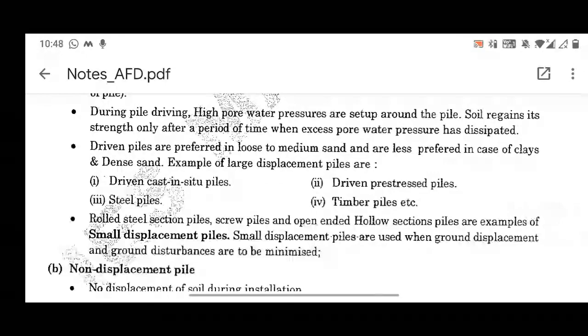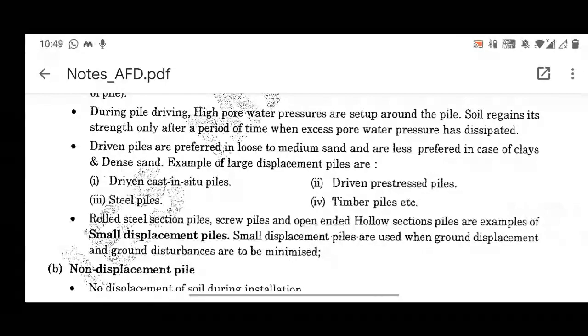Like rolled steel sections, screw piles, and open-ended hollow cross sections, by which you are hammering the section and it will not vibrate or disturb the soil that much. That's why we call such piles small displacement piles, right? And these small displacement piles are basically used when ground displacement and ground disturbances are to be minimized.